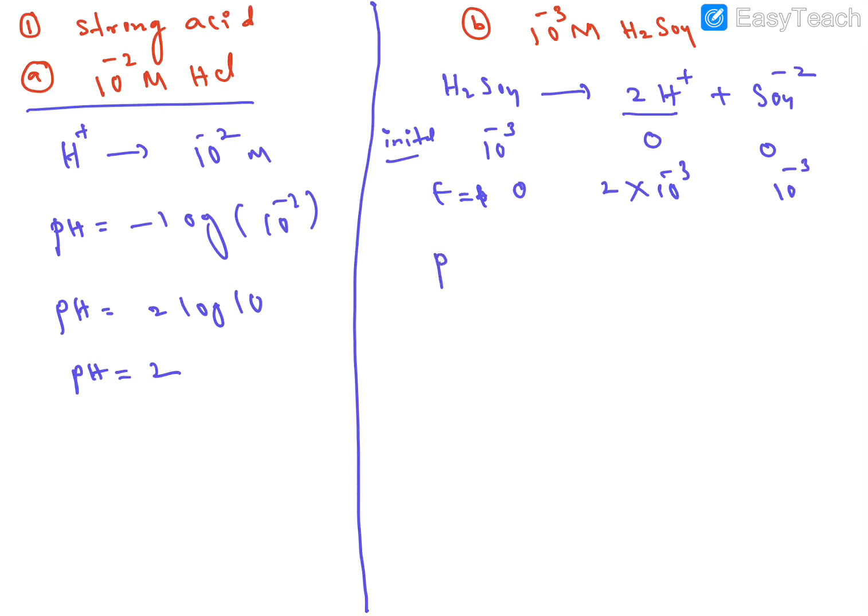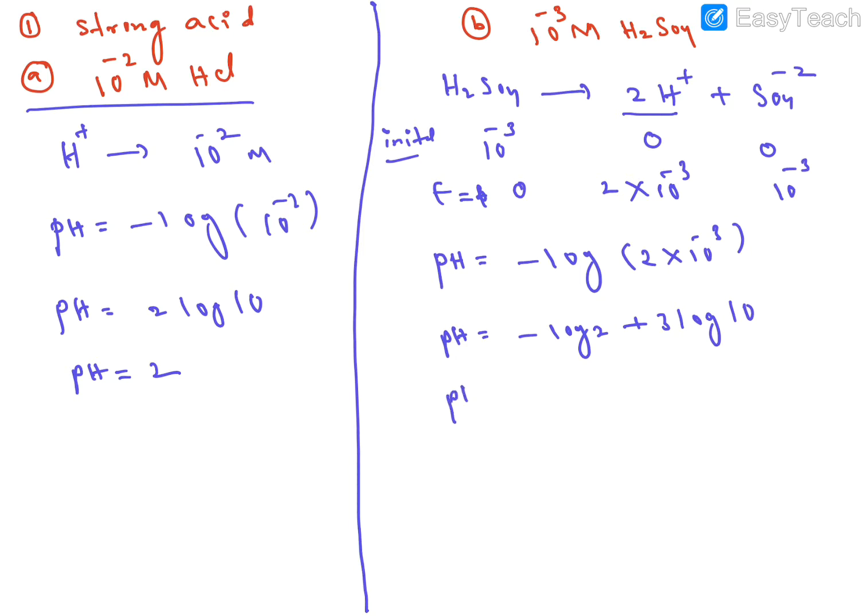That is the H plus concentration. So pH is equal to negative logarithm of the H plus concentration, 2 into 10 to the power of minus 3. So we can write the pH is equal to minus log 2 plus 3 log 10, using the conversion.